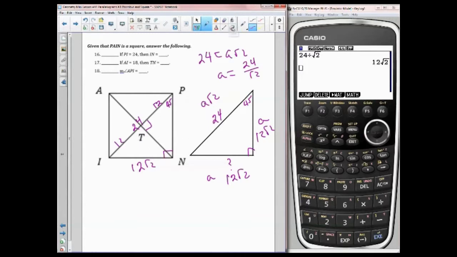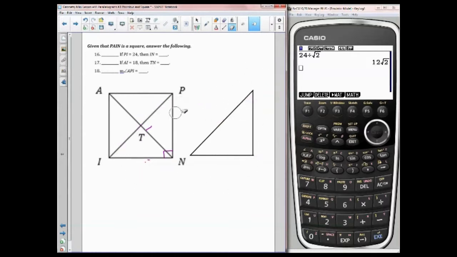Now let's go ahead and erase all this, and we're going to look for AI, which is now 18. Now this gets a little bit more interesting, but it's still a special right isosceles special right. So here we are. So AI is 18. Here's my right angle right here. So here is my hypotenuse again. So I have 18. And here are my two sides. So here's A and A again.